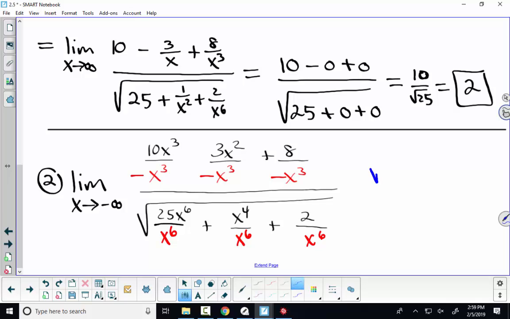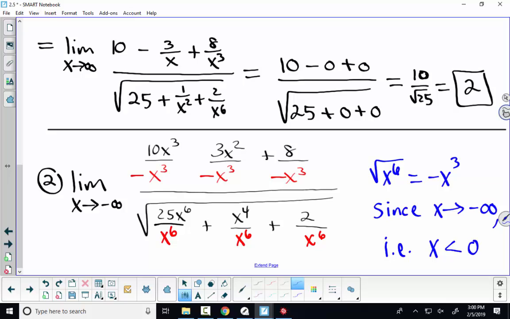And remind ourselves that the square root of x to the 6th equals negative x cubed, since x approaches negative infinity. In other words, that is, x is negative. Outside of that, all of the limits are still exactly the same except for this one up top, right? This is now negative 10.